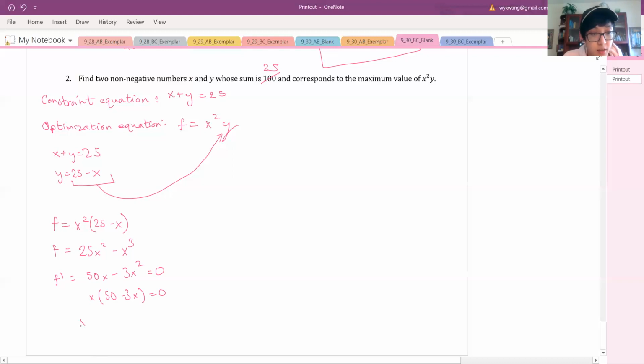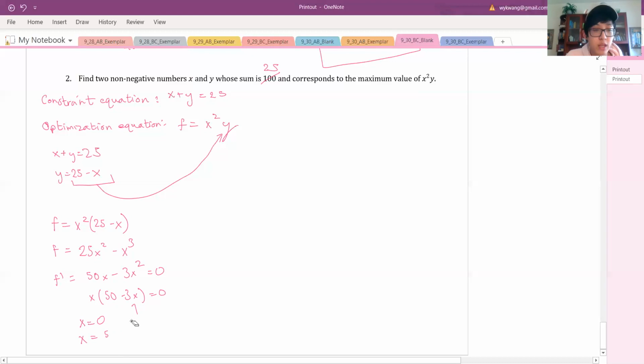So x can be either 0, because when x is 0, the whole thing's equal to 0, or 50 equal to 3x, so x is equal to 50 over 3. When I plug in 50 over 3 here, this whole thing turns into 0, so it fulfills the equation.